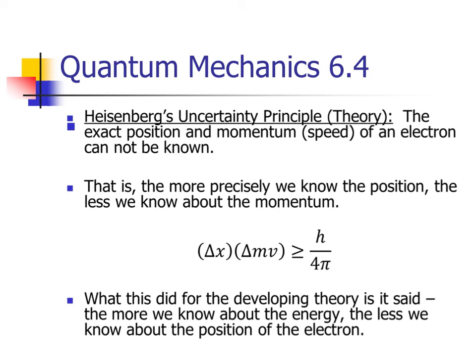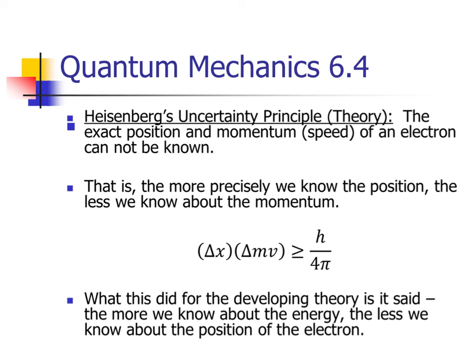Now, sometimes the science gets pretty crazy and difficult to explain. Then you have this other person come in and say, well, everything you think you know, you don't know. And that's Heisenberg and his uncertainty principle, or sometimes referred to as his uncertainty theory.